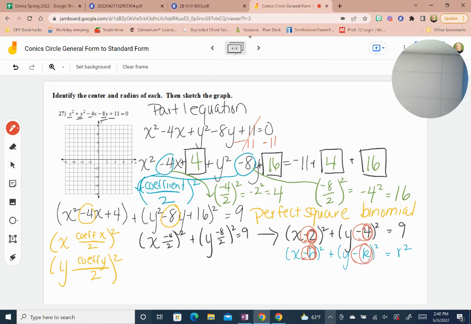My k is just 4. Okay, let me erase all my little red scribbles. So hk is equal to 2, 4, and our r squared is equal to 9. If I take the square root of r squared and the square root of 9, that gives me that r is equal to 3. So we're going to the next page.